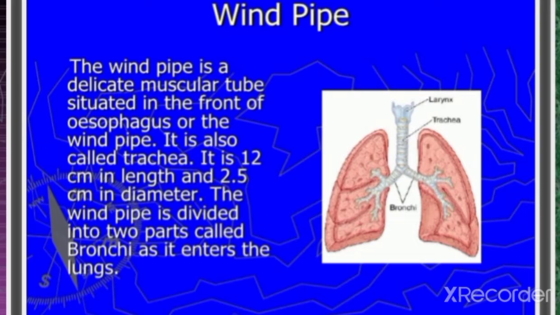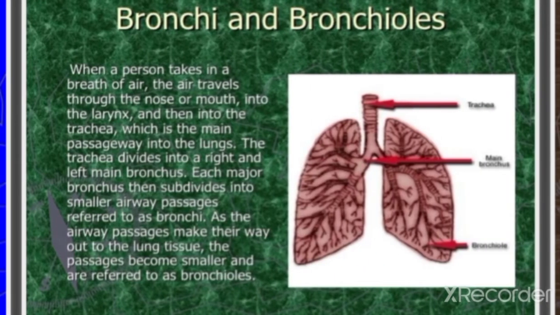I already told you, bronchi, as it enters the lungs. Now, what is bronchi? When a person breathes in, the air travels from the nose or mouth into the pharynx, larynx, and then into the trachea. From the trachea, the main passageway is divided into two parts because two lungs are there.